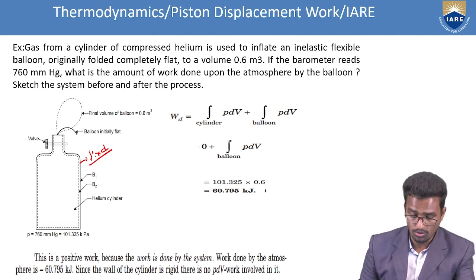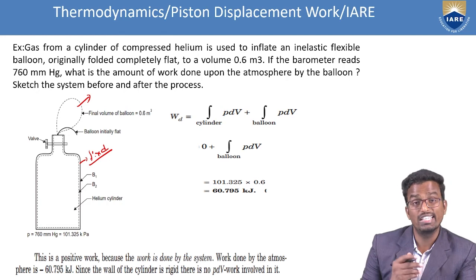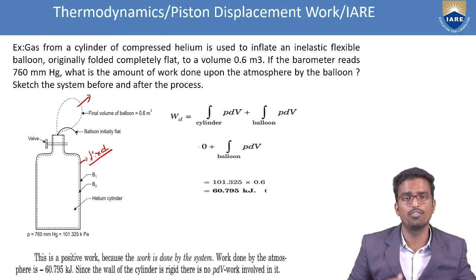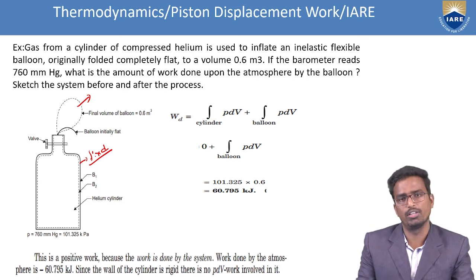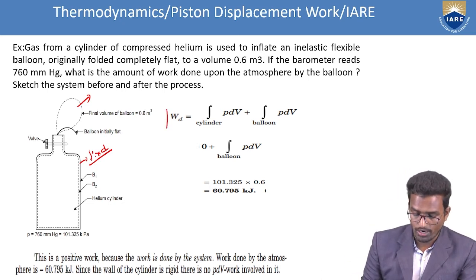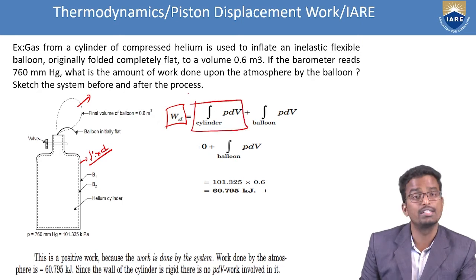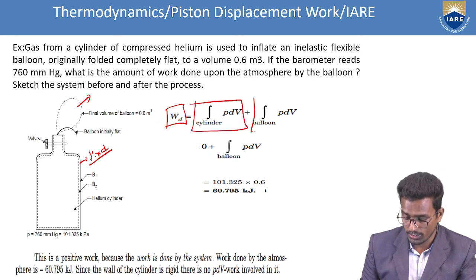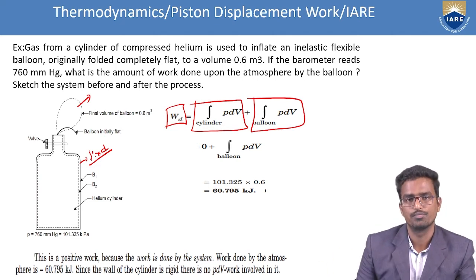But the balloon is a rubber one, so it can change its volume, because if you fill air or helium into it, it changes the volume. So to find the work done, you want to know what work is done by the cylinder and what work is done by the balloon on the surroundings, right?